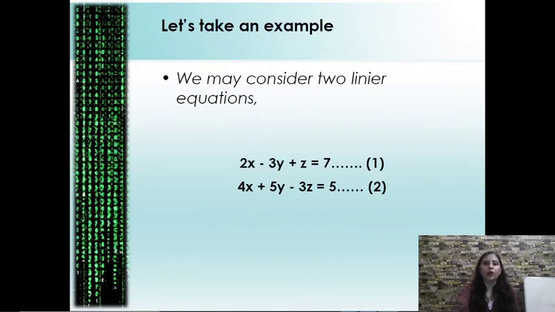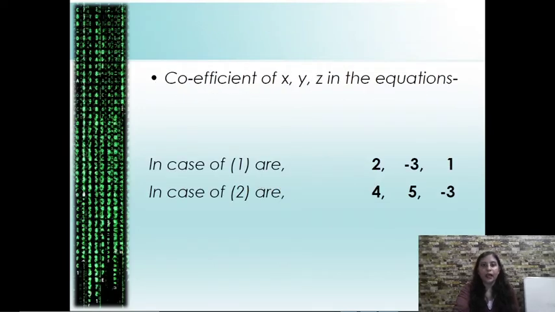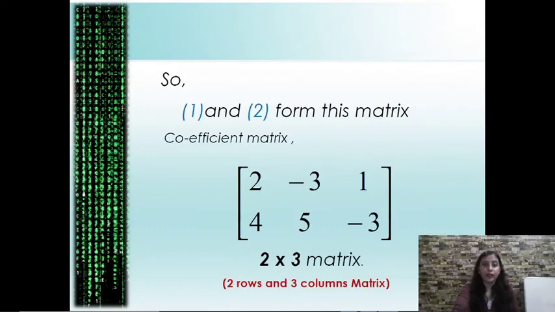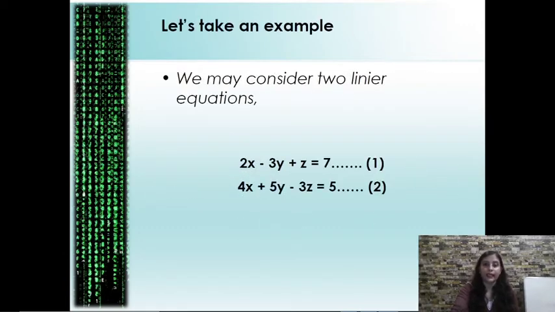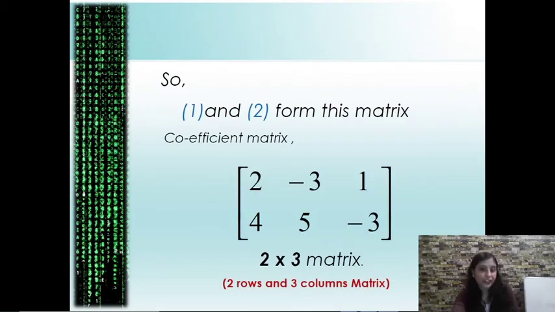Okay, now we are considering two linear equations in x, y, z. From the first equation, we can find that the coefficients of x, y, z are 2, minus 3 and 1. And for the second one, it is 4, 5 and minus 3. Now, if I want to write the two equations, equation 1 and 2, in the form of a matrix, then I will write in this form.